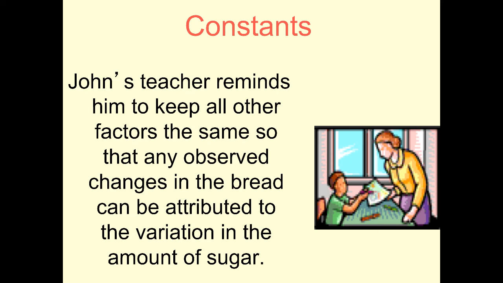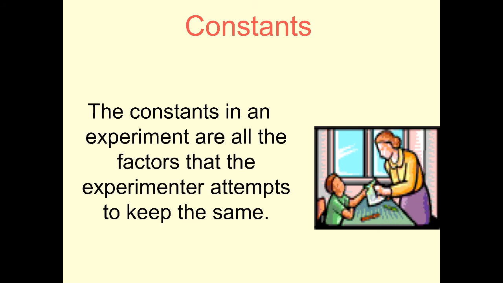John's teacher reminds him to keep all of the factors the same so that any observed changes in the bread can be attributed to the variation in the amount of sugar. The constants in an experiment are all the factors that the experimenter attempts to keep the same.